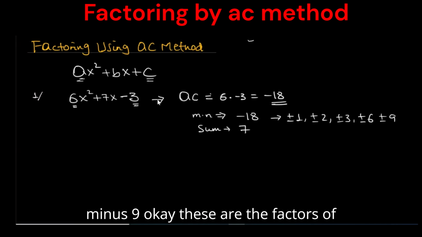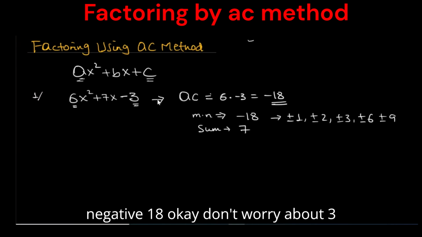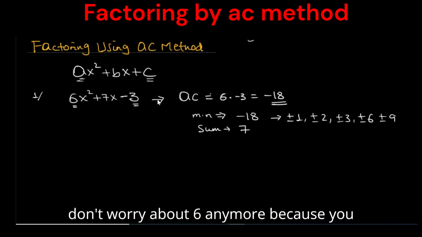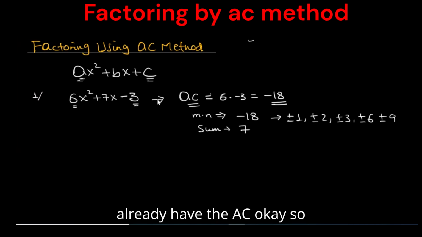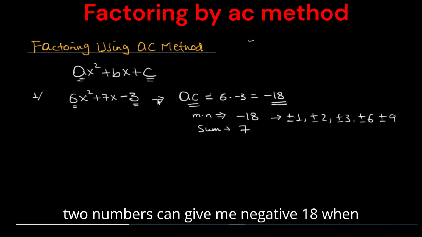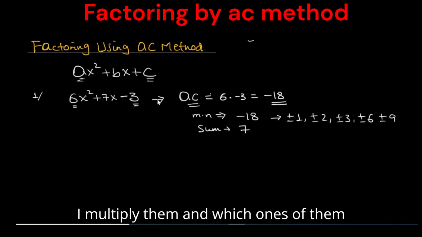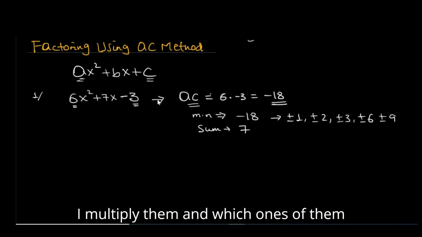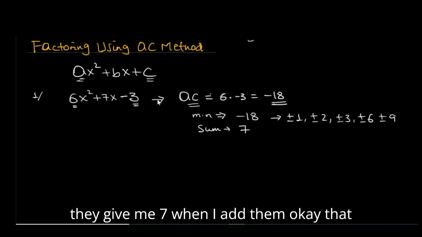Don't worry about 3 or 6 anymore, because you already have the AC. So now this is easy. Which two numbers give me negative 18 when I multiply them, and 7 when I add them?